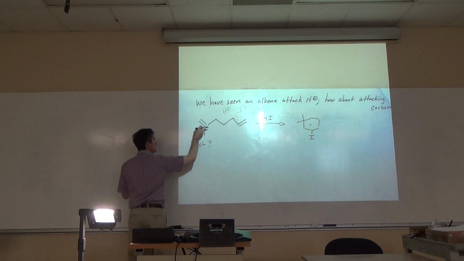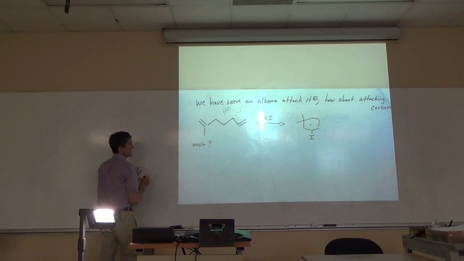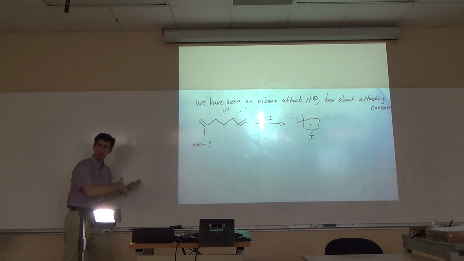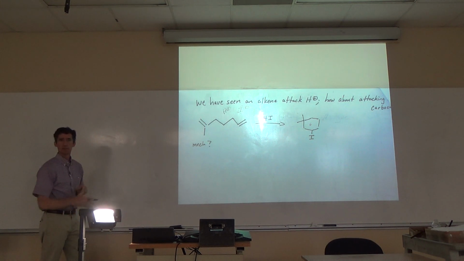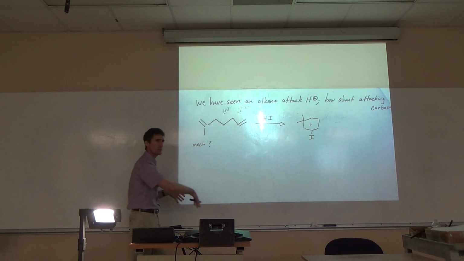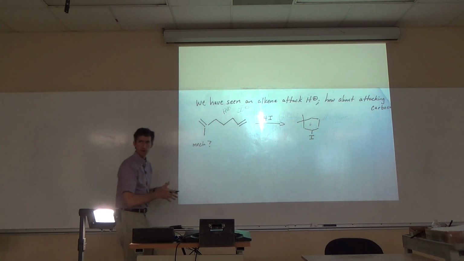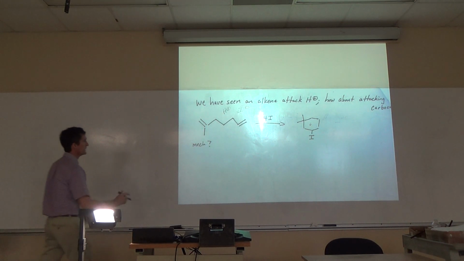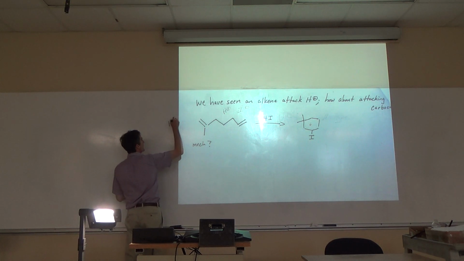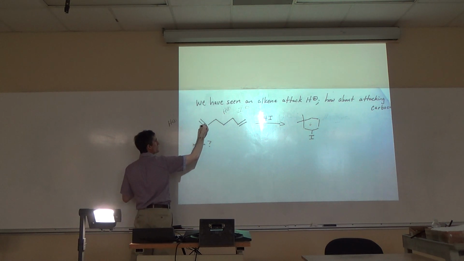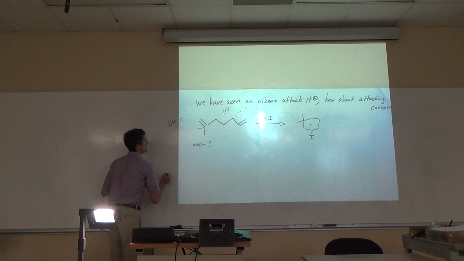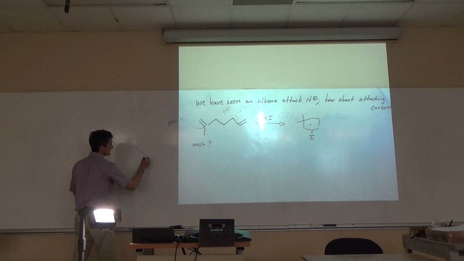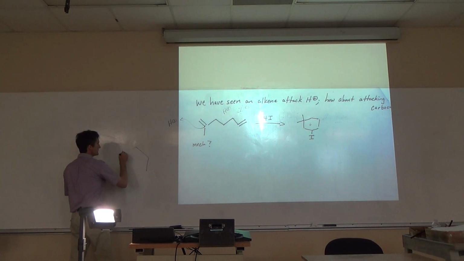So let's do here. And hopefully, again, that will take us down the road to the right. If we see we're heading down the wrong road, maybe we back up and go down another road. Okay? H+. Already got it there. We're going to pull away from this carbon, right? And we're going to get H here.